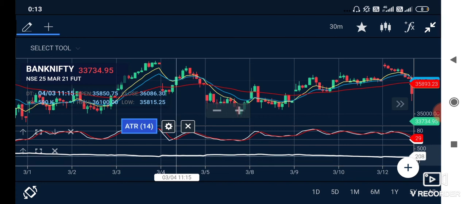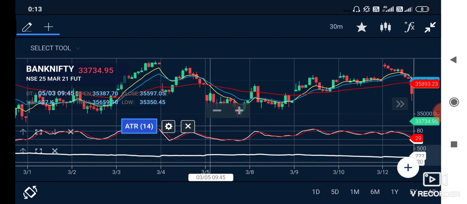We are looking 200 points from here, so 36,286 is what we are looking for. And if you see right here, we have hit the target. The high for this candle is 36,418. So again, one more profitable trade, 6 profits and 1 loss till now.